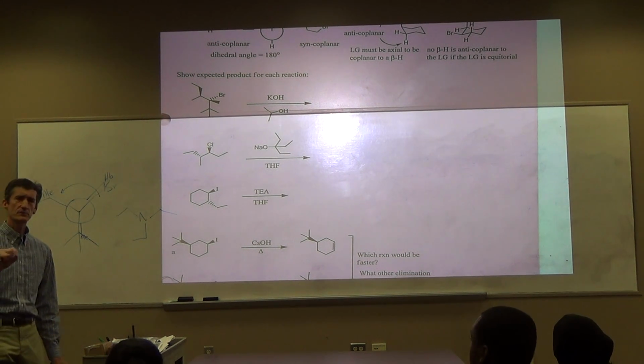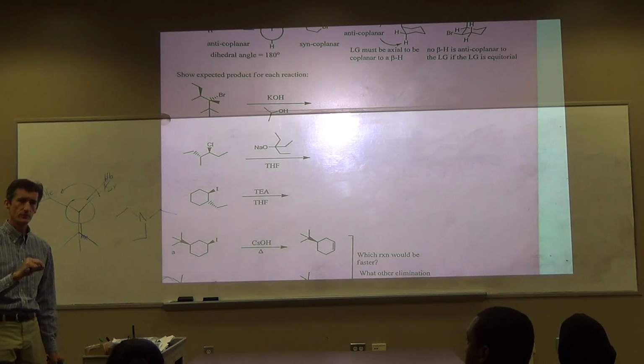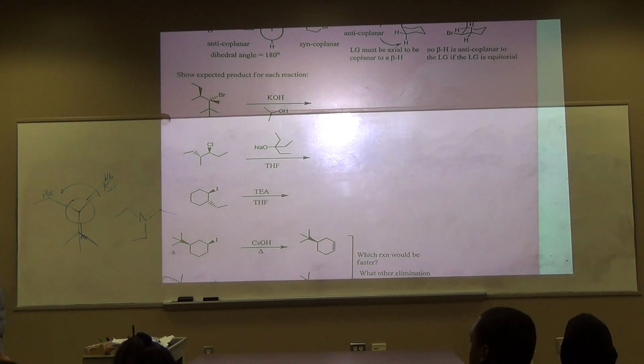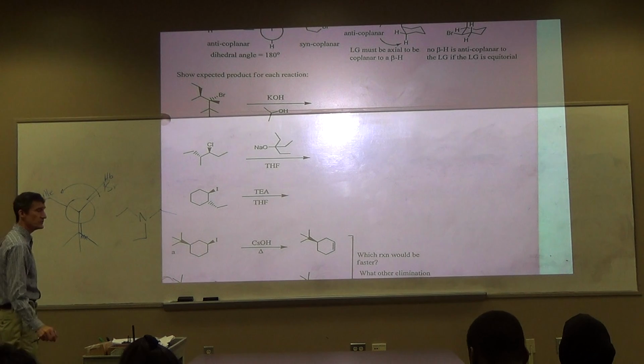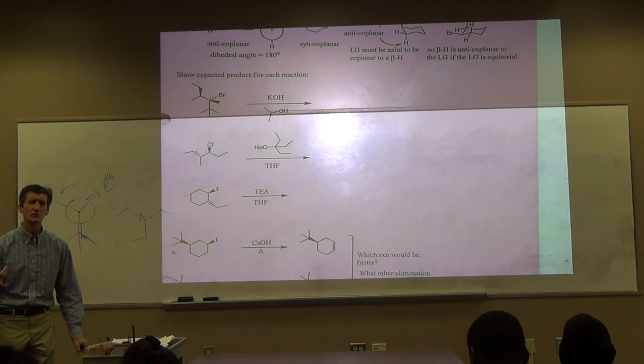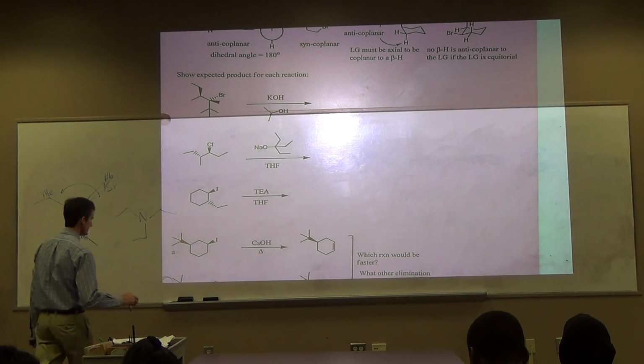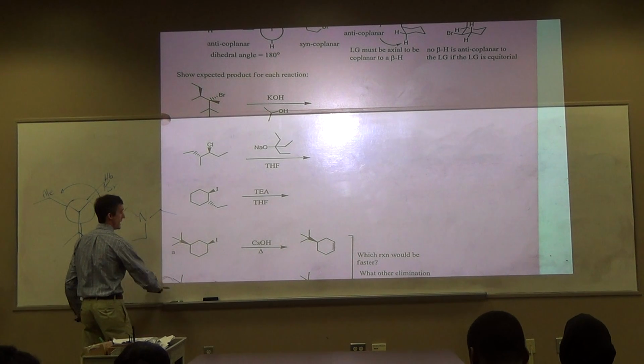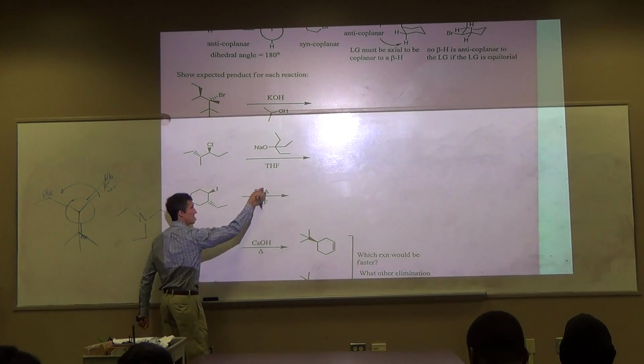THF actually was not on the solvent list I gave you during week 1, the physical properties handout. It's kind of common, but I didn't put every single solvent there. It's called tetrahydrofuran, a cyclic ether solvent. Similar to diethyl ether, but a little bit better solvent than diethyl ether. So it's just solvent, but this is your base here.